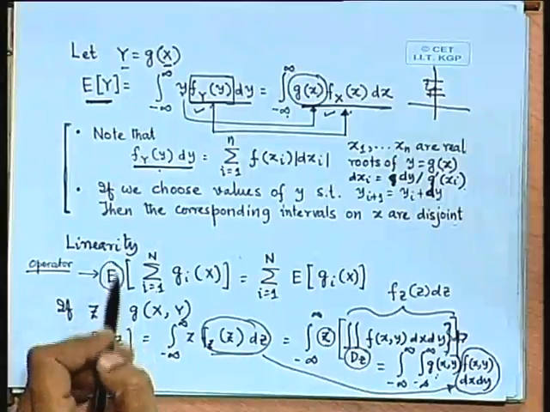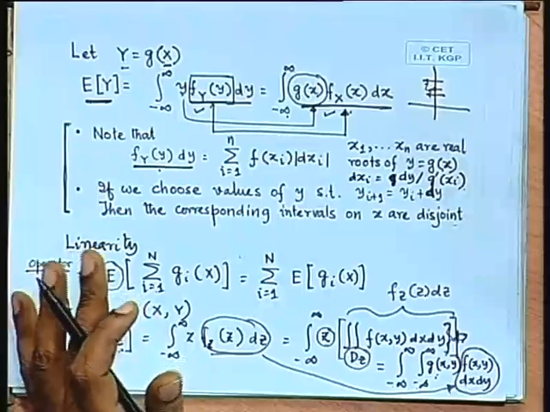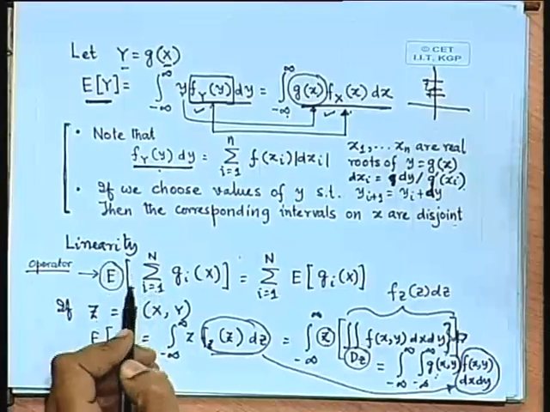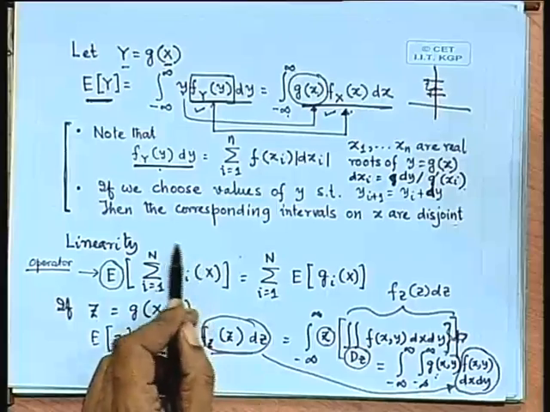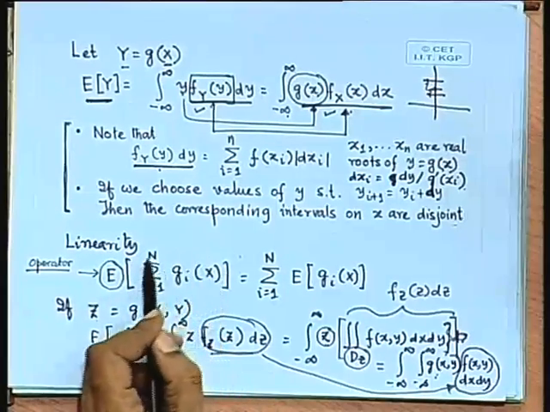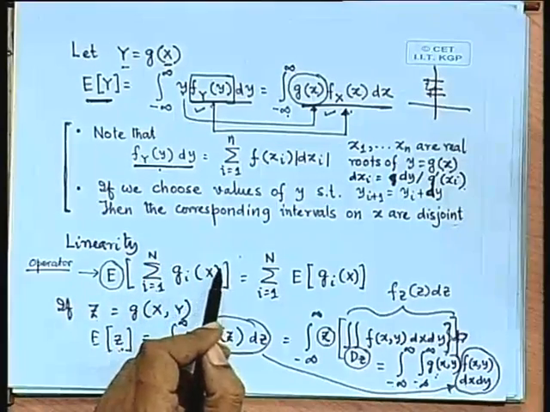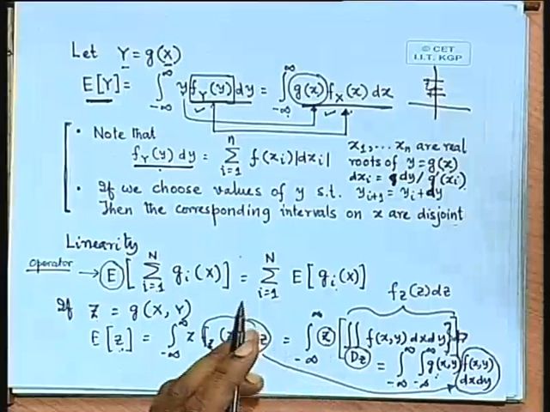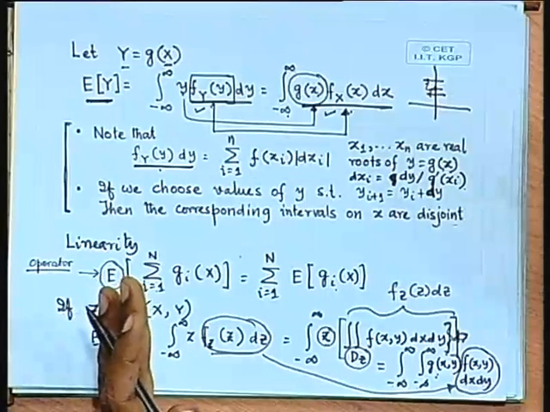Now, the first thing we are trying to note is that this operator is actually linear. What do we mean by linear? We mean that if we take the expectation of a sum of quantities, then that is equal to the sum of the expectations of these quantities. So, expectation of sum is equal to sum of expectation, and in that sense it is linear.